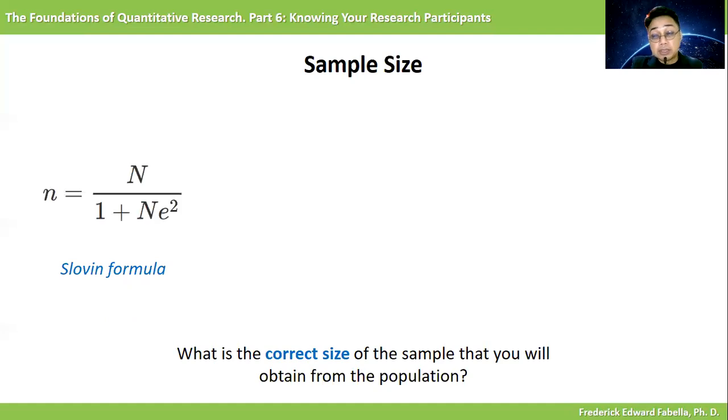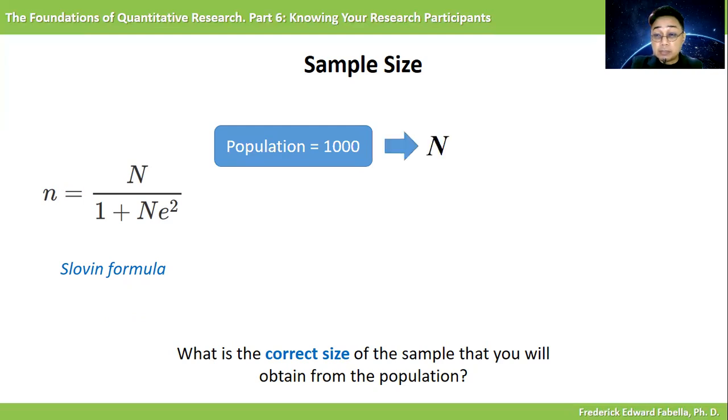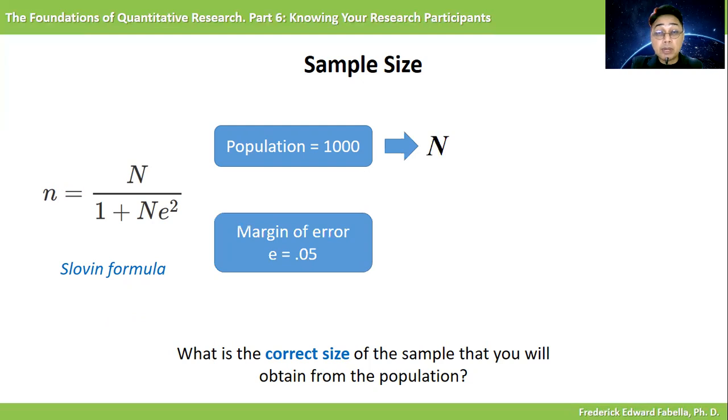To be able to use this formula, we need the variables or the quantities that are in that formula. So you have, for example, a population of 1,000. This becomes your capital N in the formula. And margin of error, or E, is usually 0.05. Now that we have all the quantities needed to calculate the Slovin formula, we can input these values in the formula.